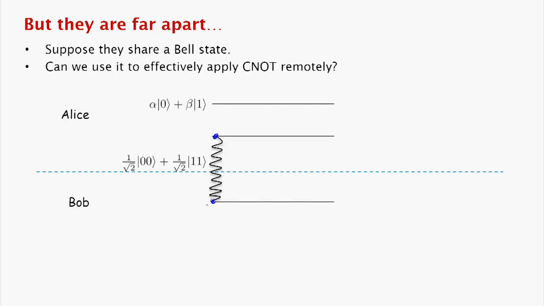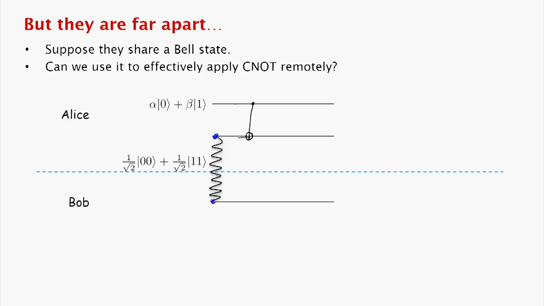So how should Alice try to create the state alpha 00 plus beta 11 shared with Bob? Well, since she can't apply a C0 from her lab directly to Bob's lab, maybe it's a good idea for her to apply a C0 from her qubit to her share of the Bell state.